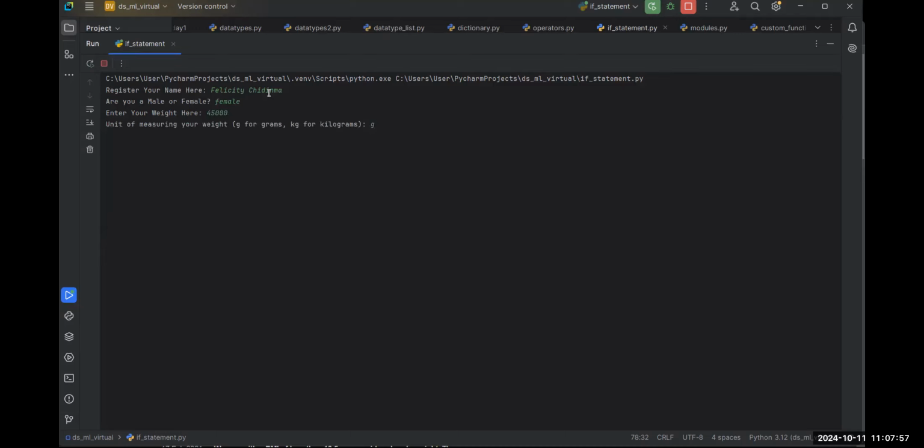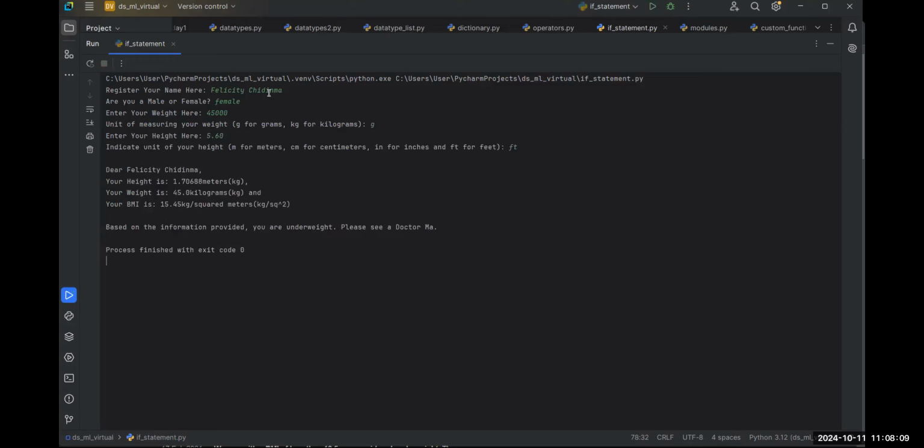So we said gram, and then we maintain our 5.60. Now we are using feet. Let's see. Dear Felicity Chidima, your height is this, your weight is this, your BMI is this. Based on the information provided, you are underweight. Please see a doctor, man.